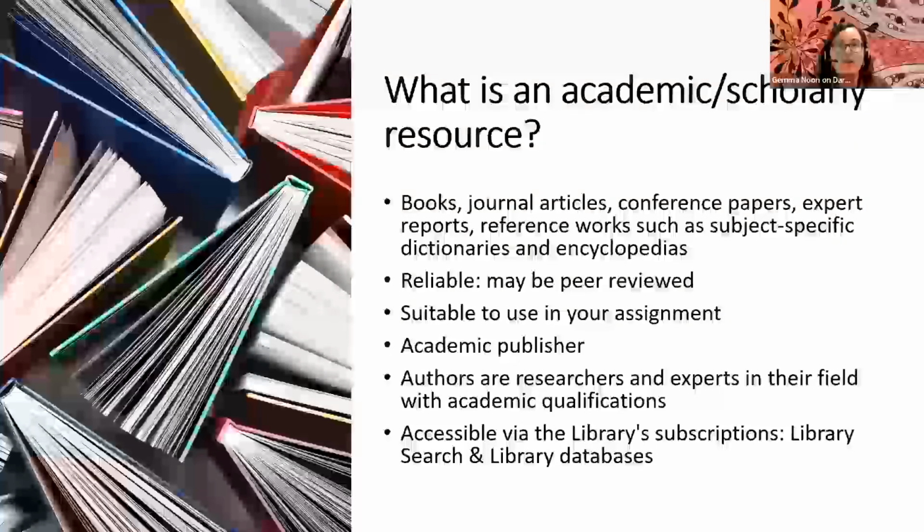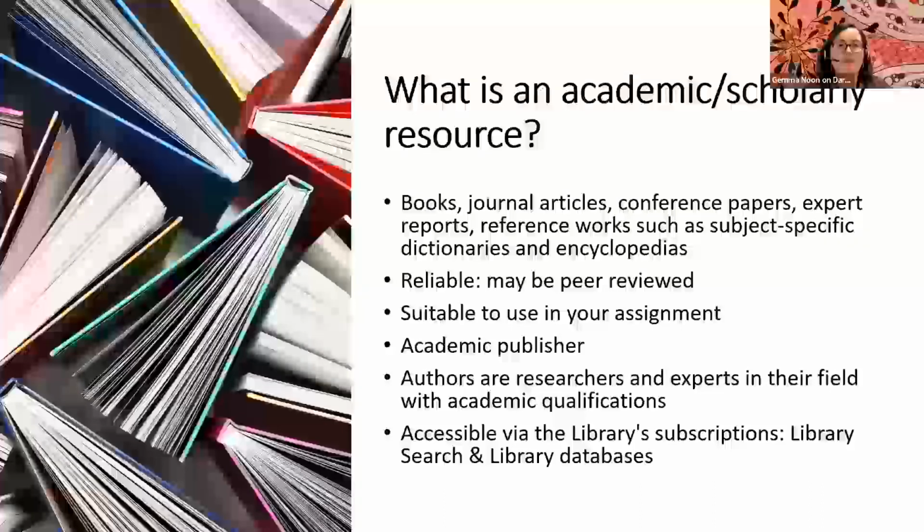Particularly the journal articles, they are often what we call peer-reviewed sources, and we will talk about the concept of peer-reviewed and how the peer-reviewed process works a little bit later on in this presentation. These kinds of academic or scholarly resources are suitable to use in your assignment at university level.